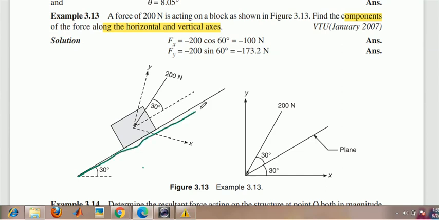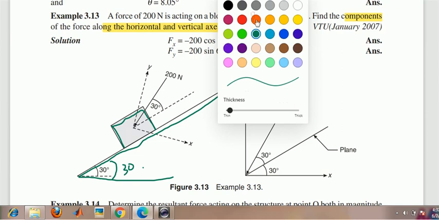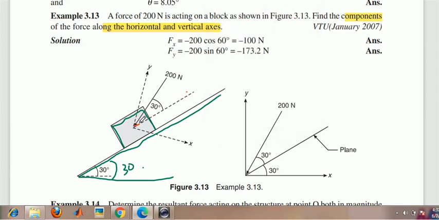This inclined plane makes an angle of 30 degrees with respect to the horizontal. Above that inclined plane we have a block, and that dotted line indicates the axis of the block, which is parallel to our inclined plane.